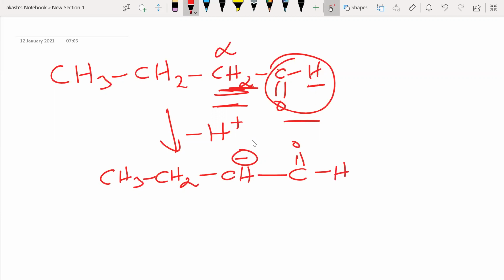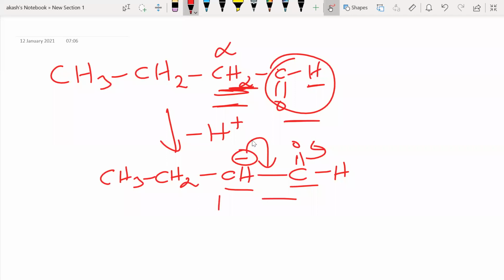Now you have to go for the resonance structure, because you can see resonance is possible. Pi bond, no pi bond, and again a pi bond, alternate pi bond is present. So this will come here and make a bond, and this C double bond O will break.